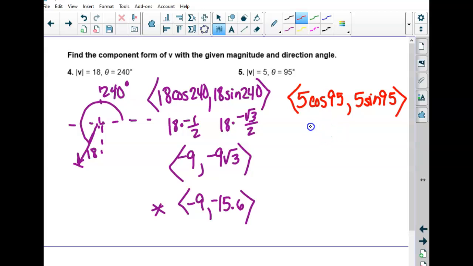Emma, did you get the X value? Did someone else get that? 95 degrees is barely into quadrant 2, right? So that's what's a little bit tiny negative number. Okay. And 5 sine of 95?